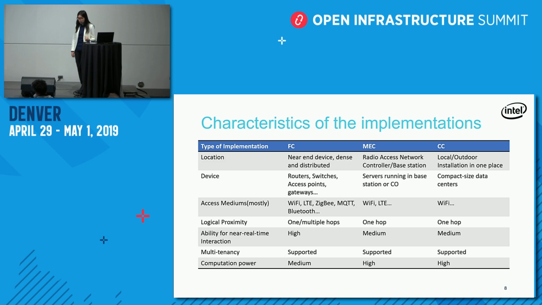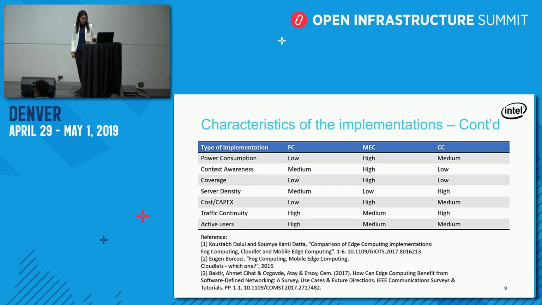For the computation power I mentioned here, it is actually the kind of resource we have for computation. Since the MEC and the cloudlet are running on servers, most likely there are going to be more resources for computation. Then fog computing resides on resource-restrained devices, so I put a medium here for the computation power.